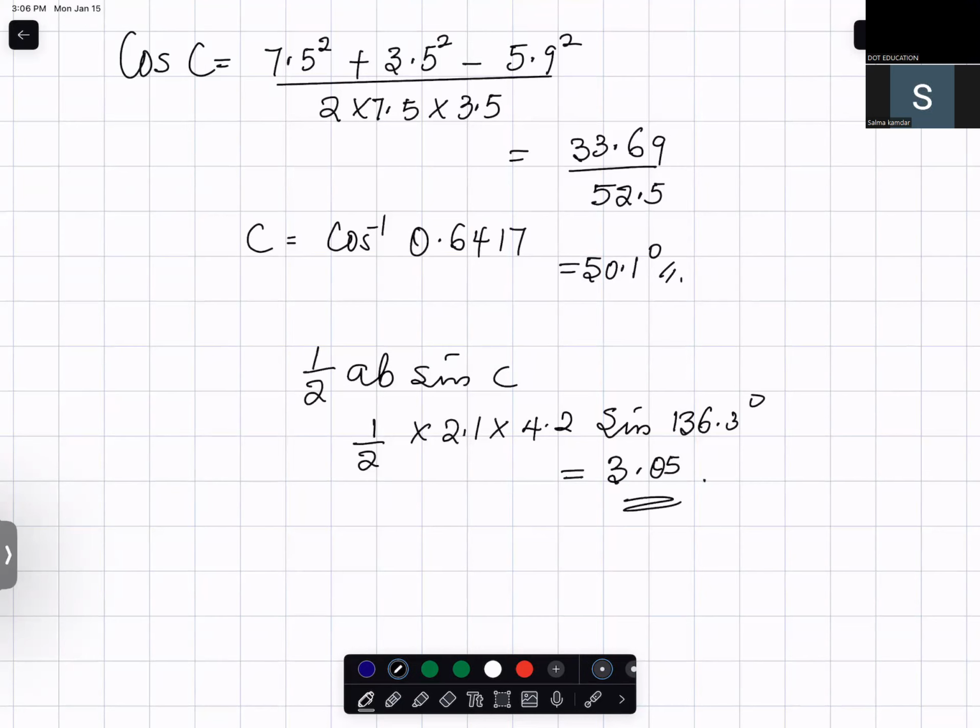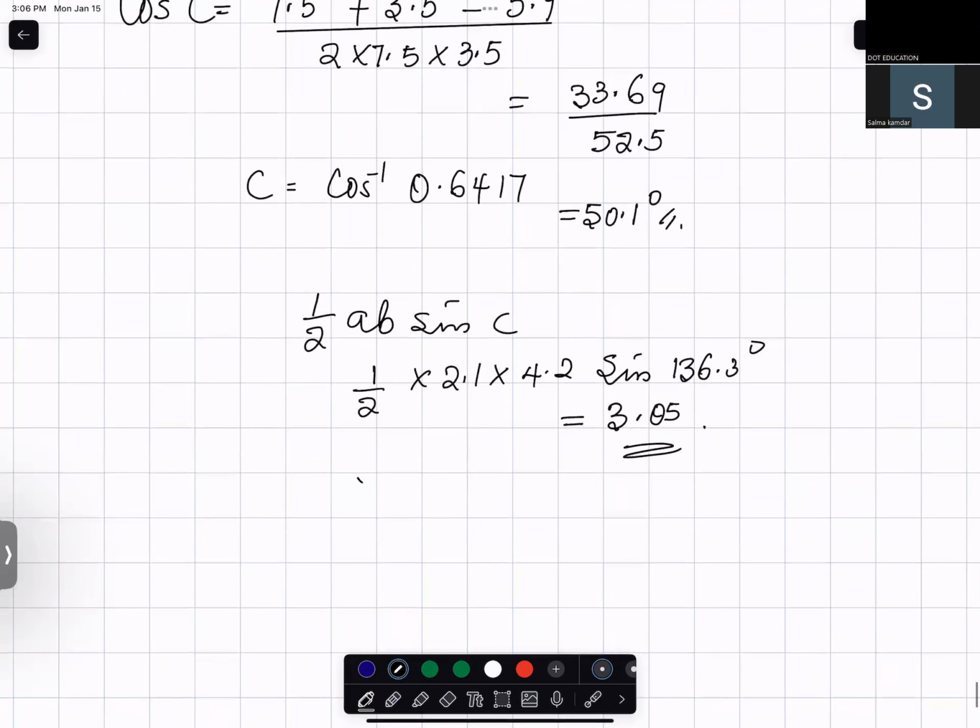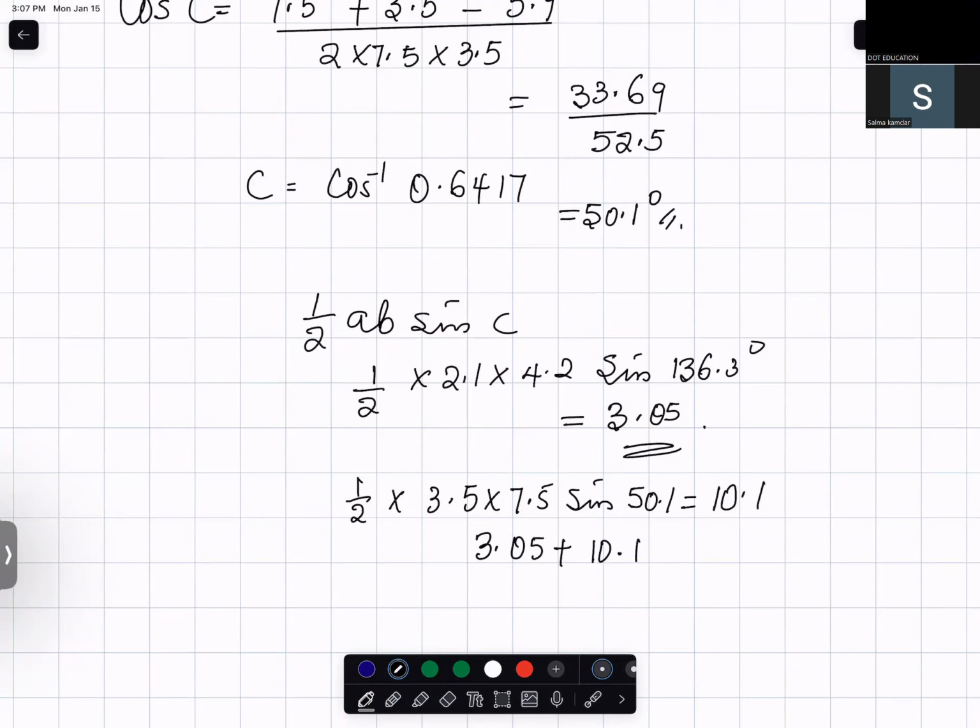Then for the next triangle, I have half into 3.5 multiplied by 7.5 sine 50.1, and that should give us 10.1. So adding both areas, 3.05 plus 10.1 is 13.1 meters squared.